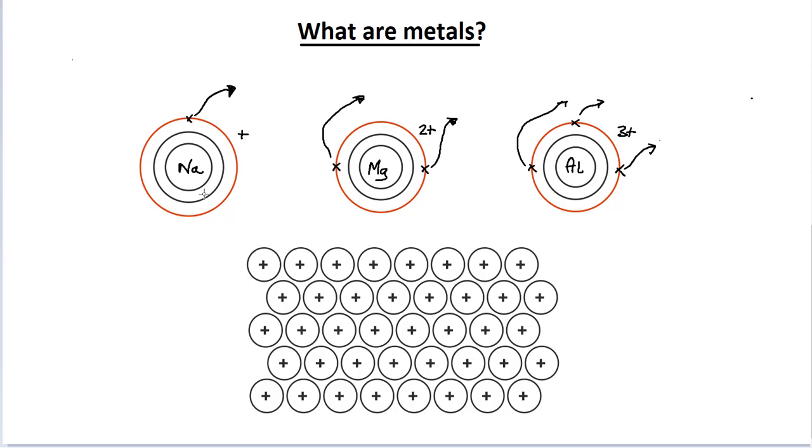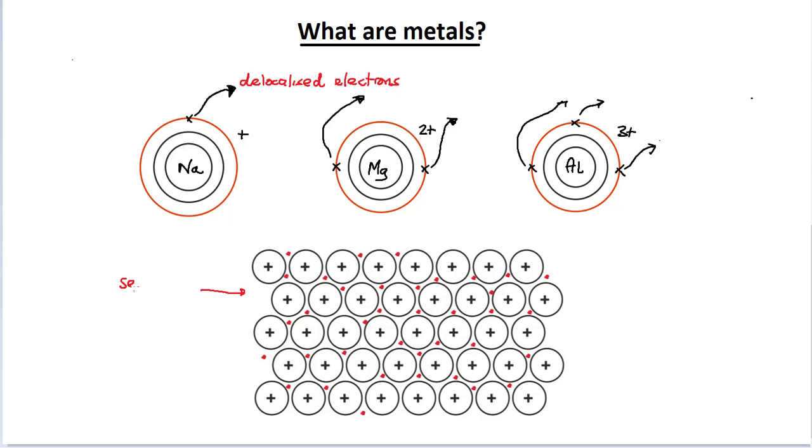In this case, these are the sodium ions because they have only one positive charge, and the electrons which the sodium ion loses are called delocalized electrons. These are made available to surround the giant structure of positive ions. They are a sea of delocalized electrons that surround the positive ions and help to hold them together.